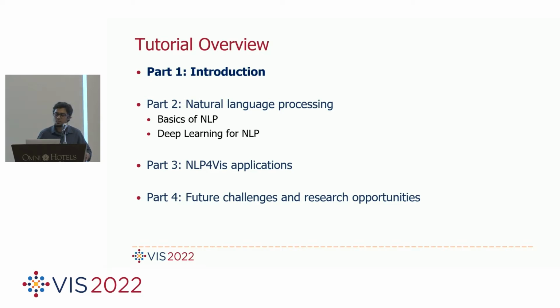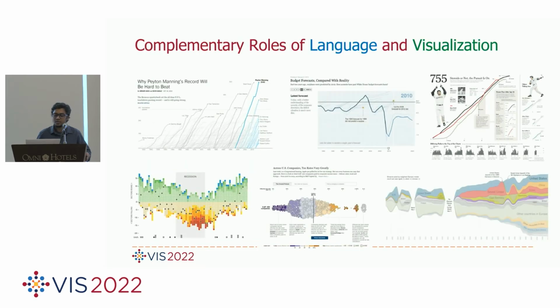So to answer that question, we can first talk about the fact that language and vision, these are the two powerful communication channels that we possess as humans. And so language and visualization try to take advantage of these two modalities of communication channels to improve the ability to explore data.